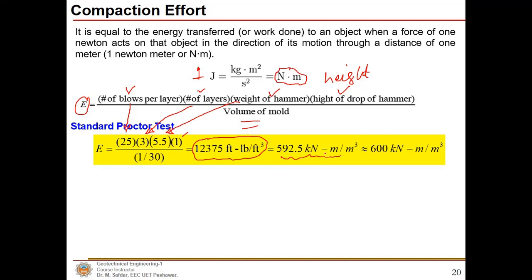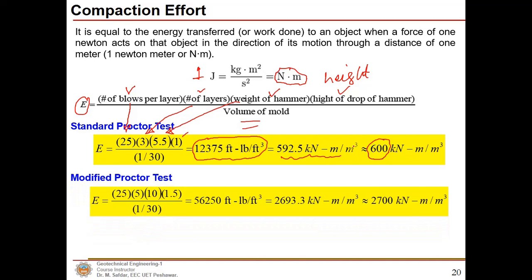In other units, we can approximately write this as 600 kilonewton meter per cubic meter.